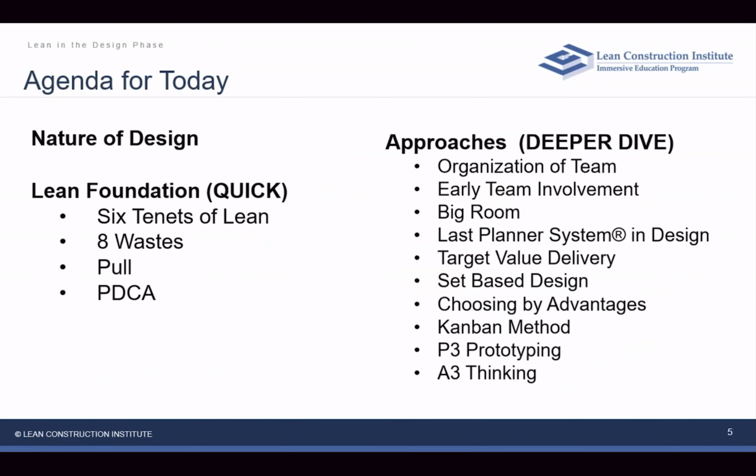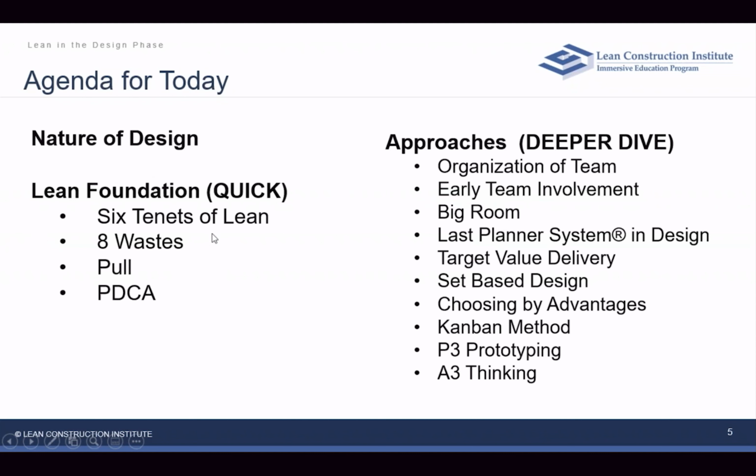So here's our agenda for today. My intent with you is to take us through a conversation about the nature of design. And then we're going to look at lean foundational concepts that are important to how we apply lean to our work. We're going to breeze through that quickly.